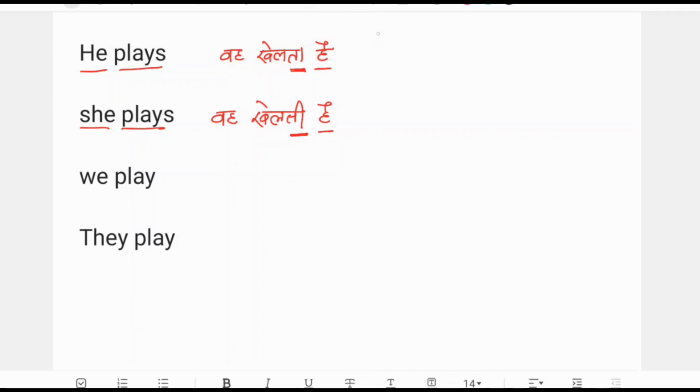In past tense, he played will be उसने खेला. Here also she played is उसने खेला.